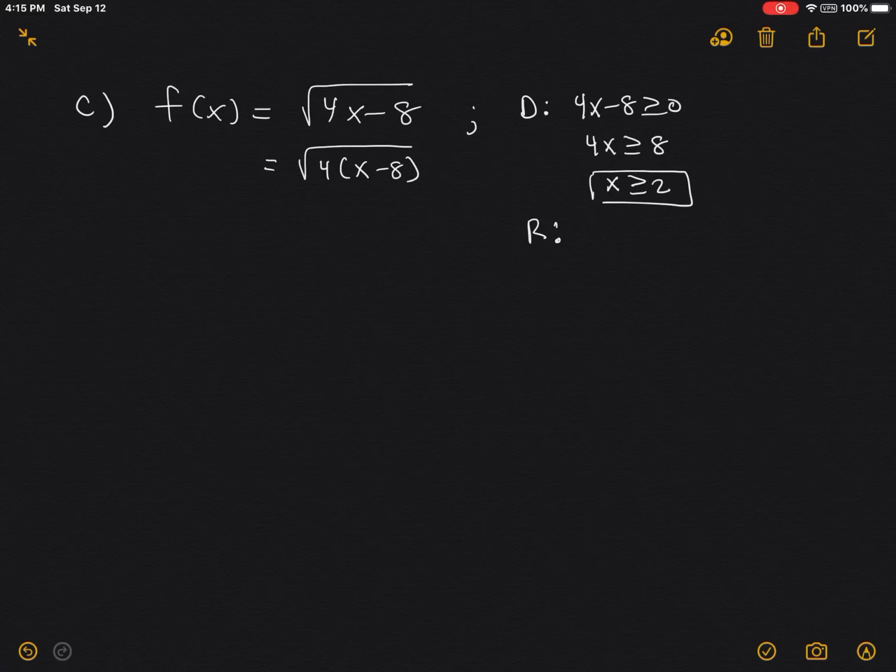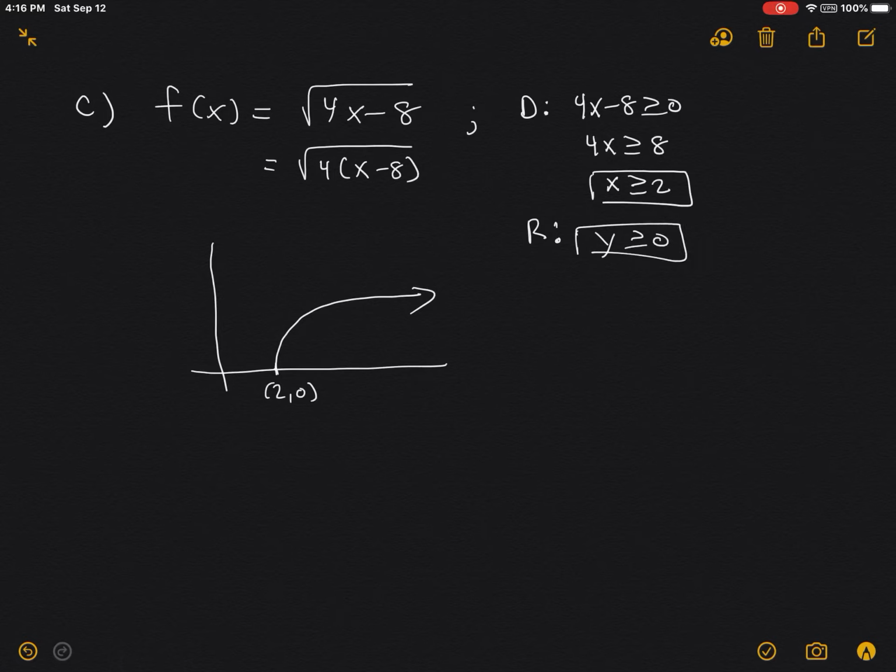Okay, but if you were to actually plot this, what does this graph look like? It's going to look something like this. Because x is greater than or equal to 2, the function is going to look something like this. Okay, so (2, 0), right, is your starting point. And so the range of this function, right, is y is greater than or equal to 0.